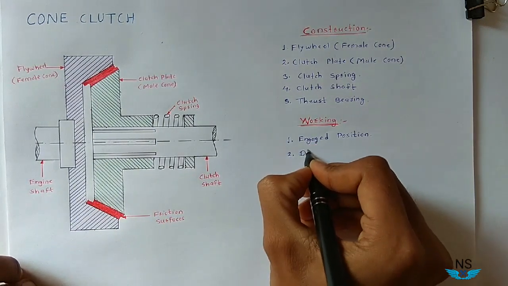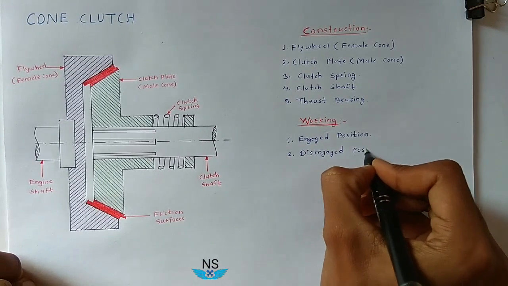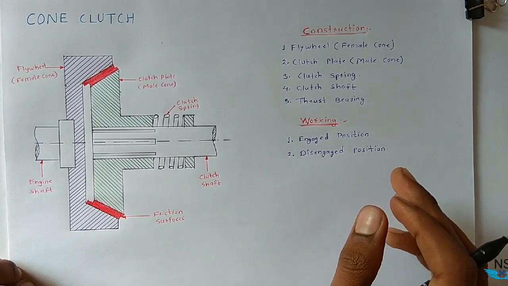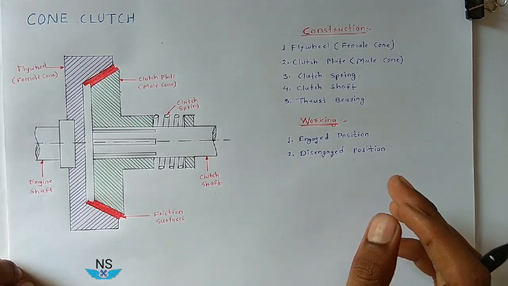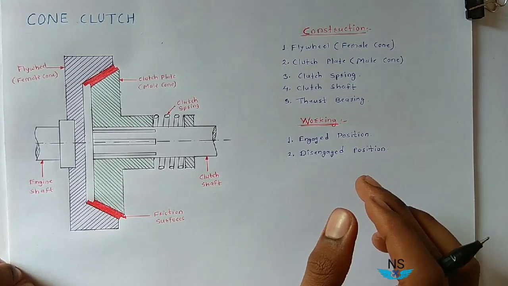Now second is disengaged position. So when driver is to shift a gear, then driver presses the pedal.